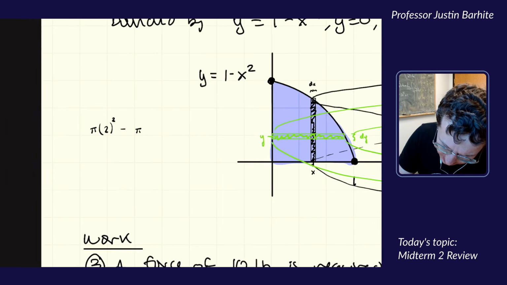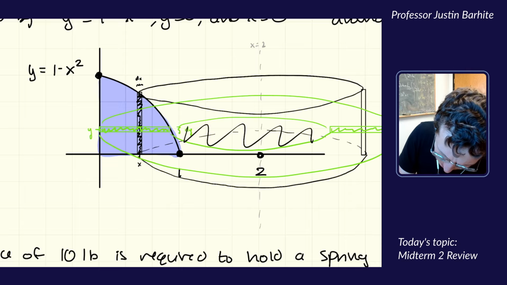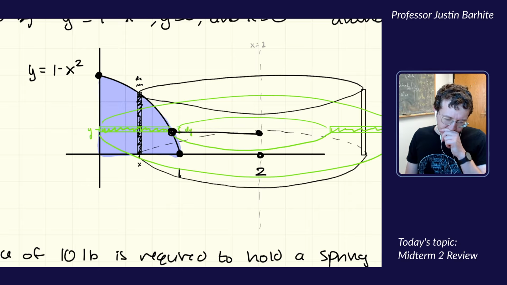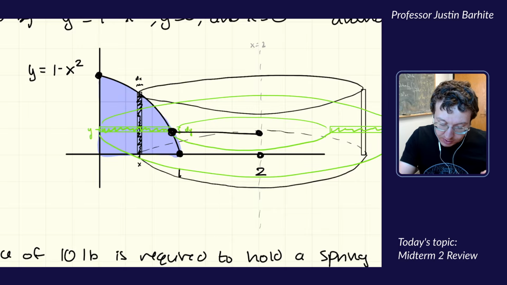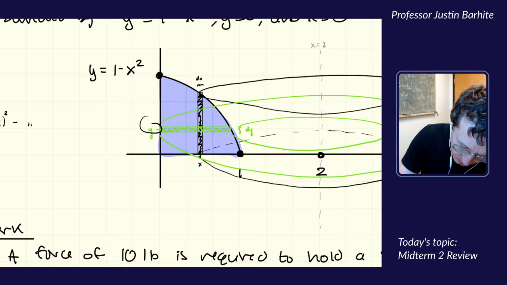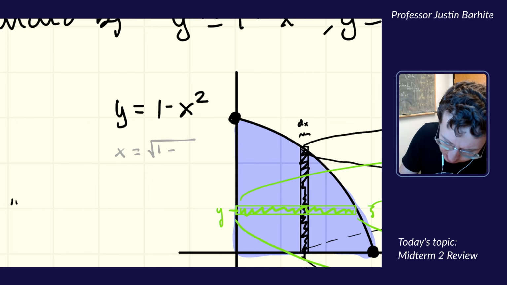And then the inner circle has a radius which goes from x equals 2 until it hits this curve. So we need to find the x value of that intersection given this y value. So I'll rearrange this as x equals the square root of 1 minus y.